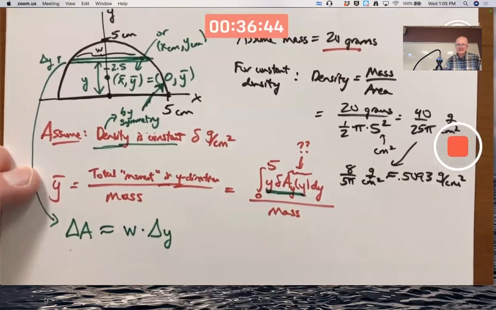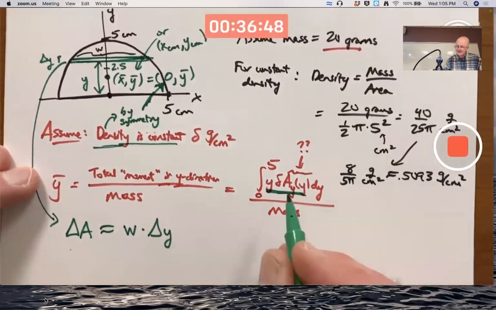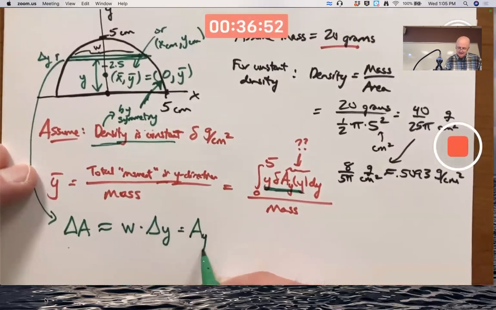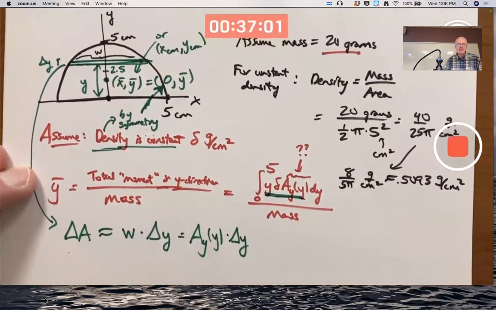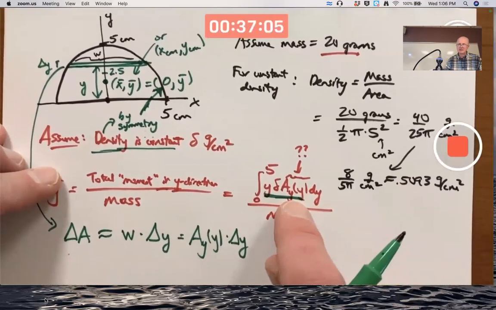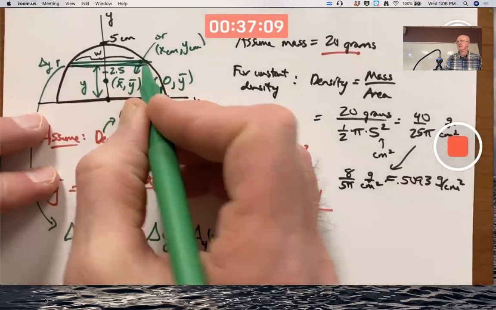But the width is the same thing as what the book is calling the cross-sectional area. It's a cross-sectional length in this case. A sub y of y. W is the same as A sub y of y. That's what this symbol represents in a two-dimensional situation, that length there.